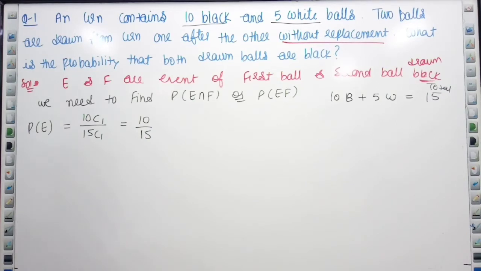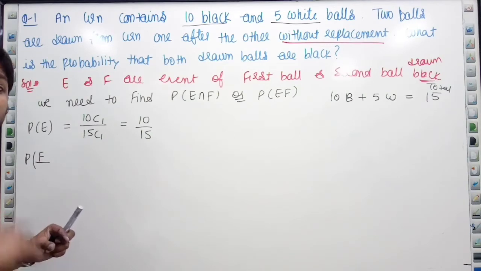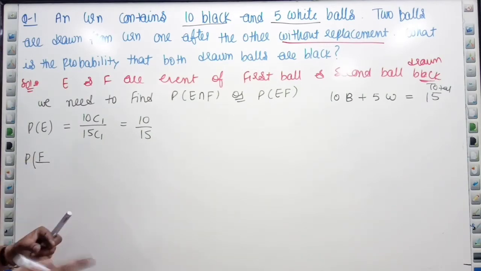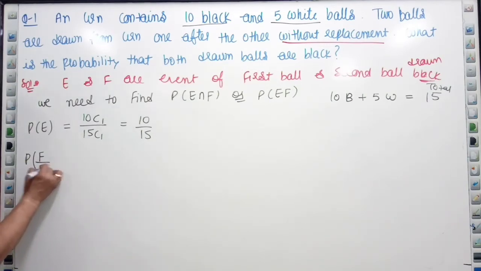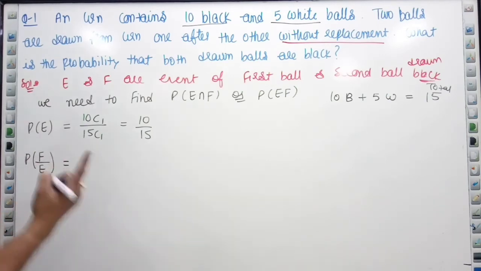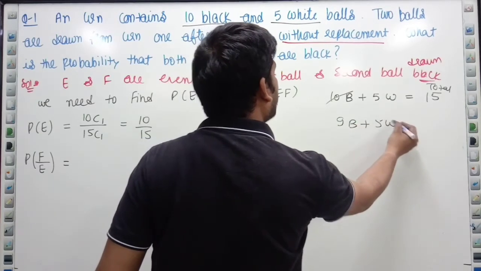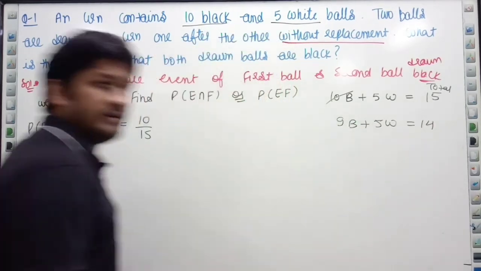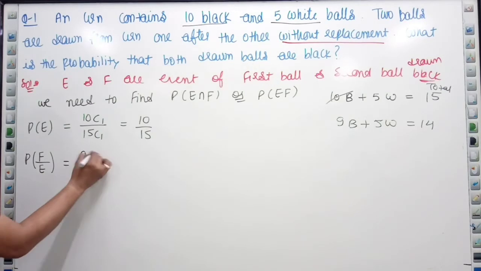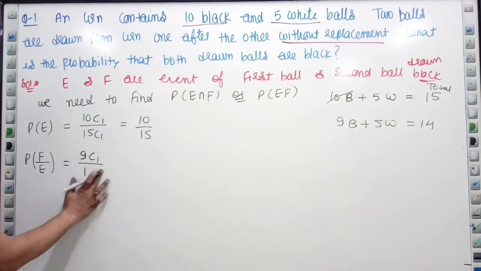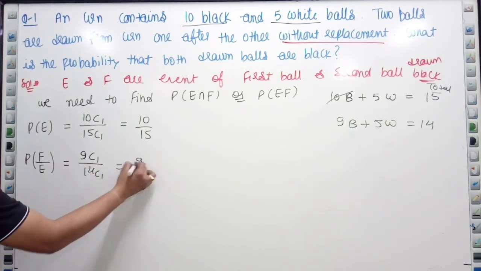Now if I draw the second ball, F is the second ball, such that when I am drawing the second ball, I know that I have drawn the first ball, and that is black. So if I have already drawn a black ball, now black balls are 9, white is 5, so it is 14. So I can say 9C1 upon 14C1, that is 9 by 14.